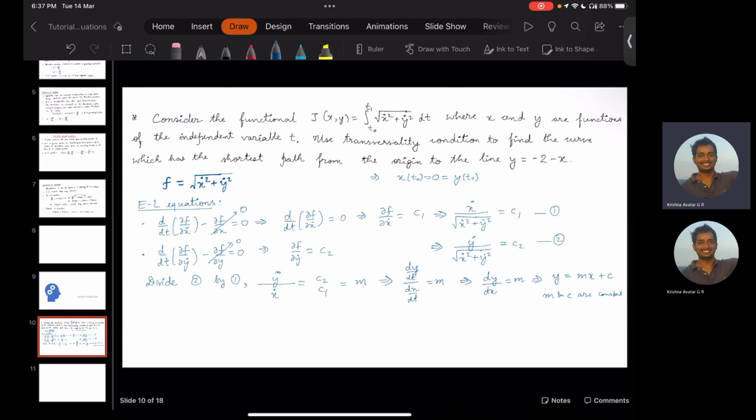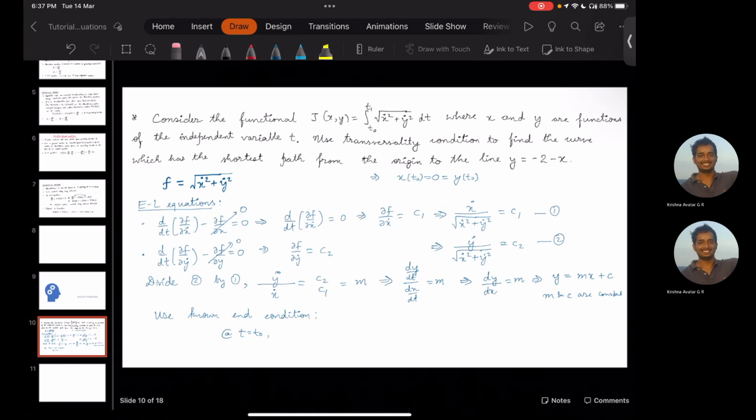Okay, so using our known end condition, at t is equal to t naught, y is equal to 0, and m into x is also 0, plus c.